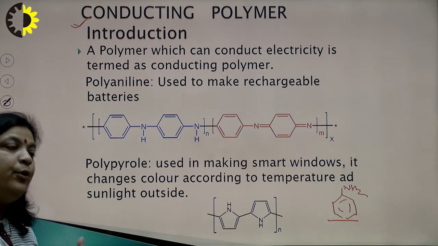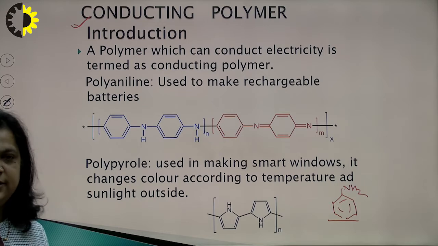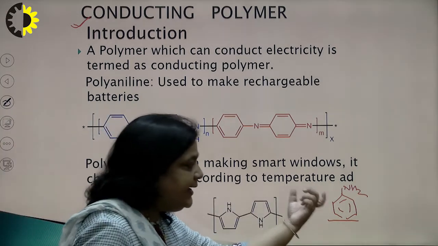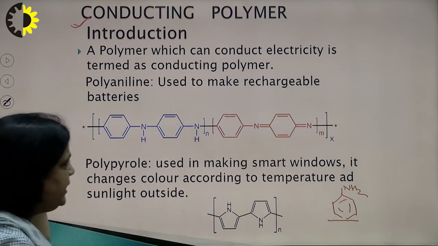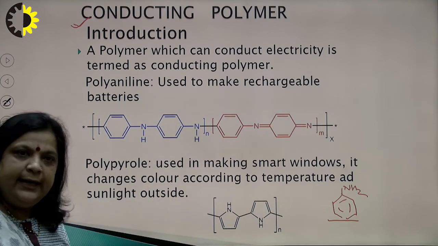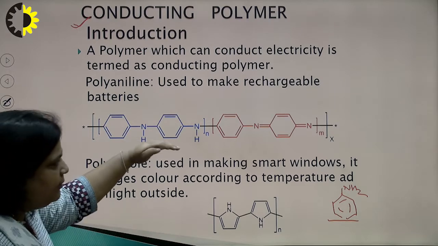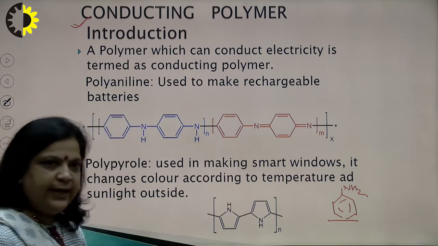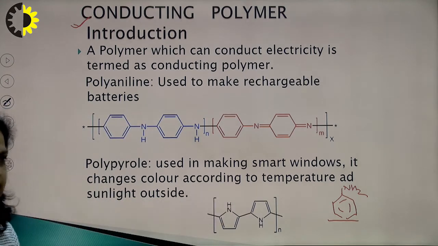Here generally protonic electronic polymerization is preferred. So, when aniline gets polymerized, it gives polyaniline. And why this quinoid structure, we will discuss later in the next 2-3 slides.